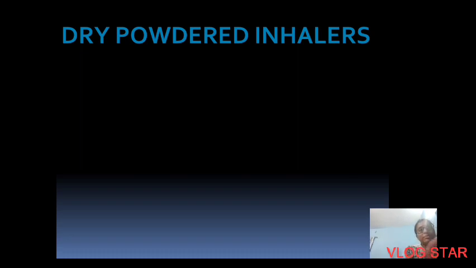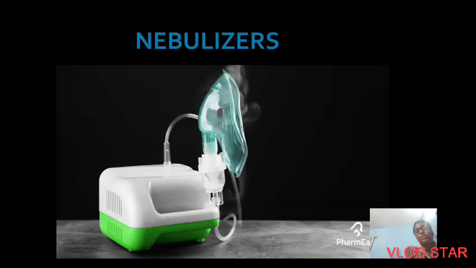Those are said to be dry powder inhalers. Apart from that, you have nebulizers. In a nebulizer you will have the liquid form of the drug inside, and that liquid form of the drug will be converted into mist that will be inhaled into the lungs by the patient. So these are said to be the nebulizers.